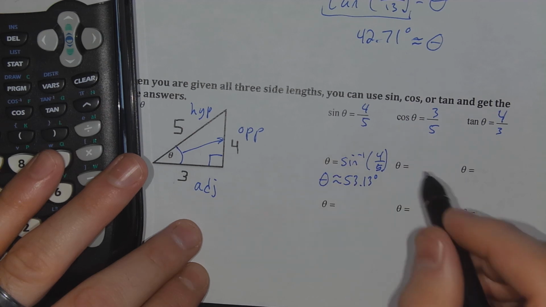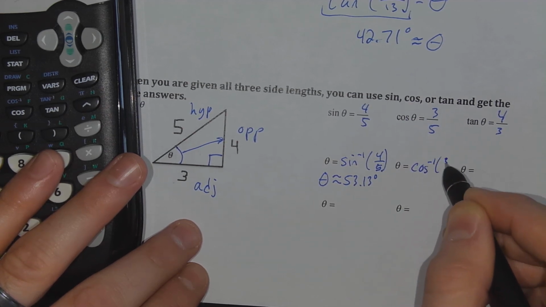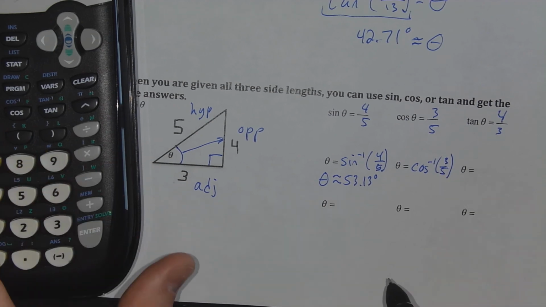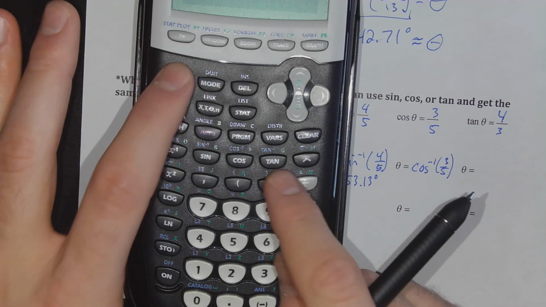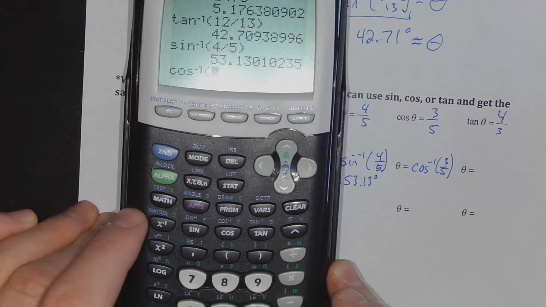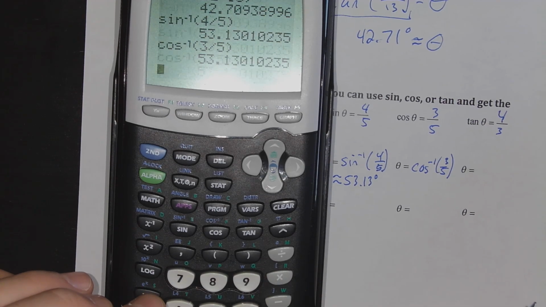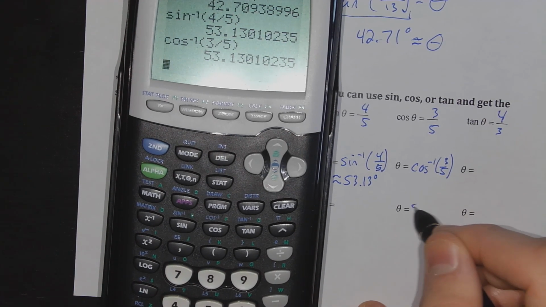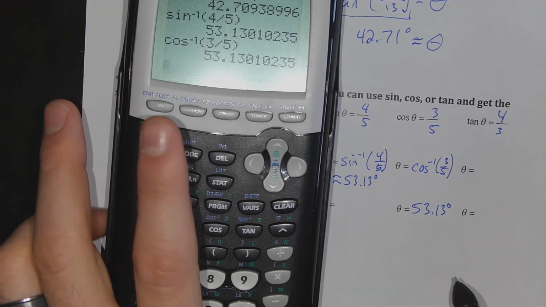If I go over to cosine now, theta is going to be inverse cosine of 3/5. So back to my calculator here, I'm going to press second cosine, then 3 divided by 5, and I'm going to find out that theta is, again, 53.13 degrees.